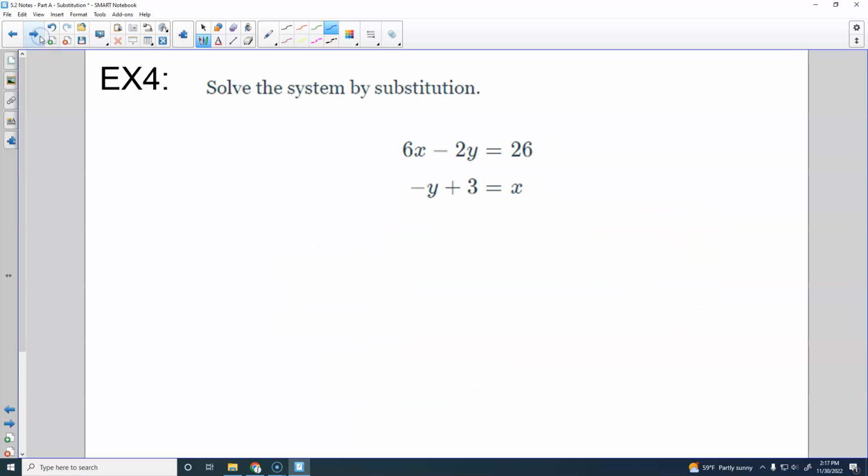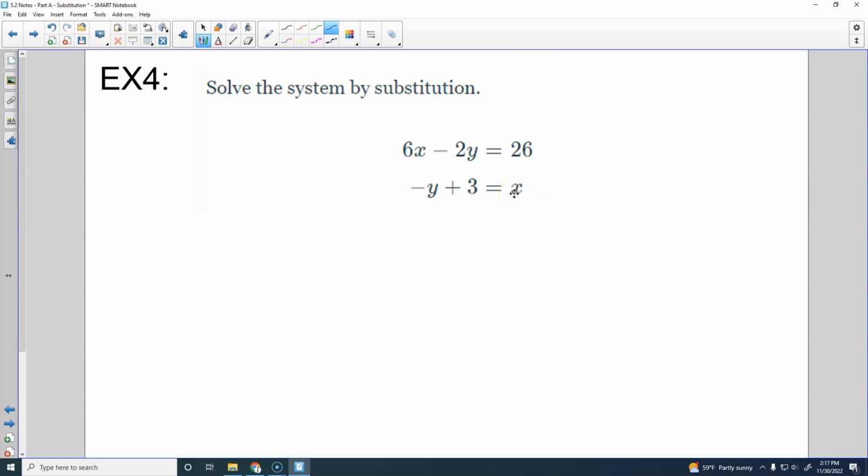All right, let's look at 4. This almost looks like that's the case. Are either one of my equations solved for a variable? It almost looks like they're not, but there is one that is. The bottom one is actually solved for x.